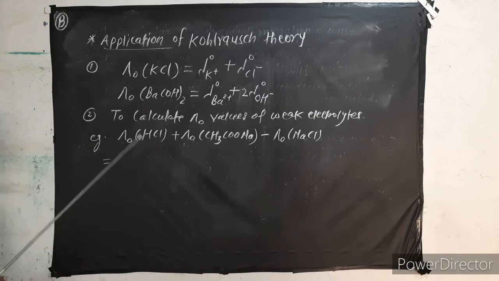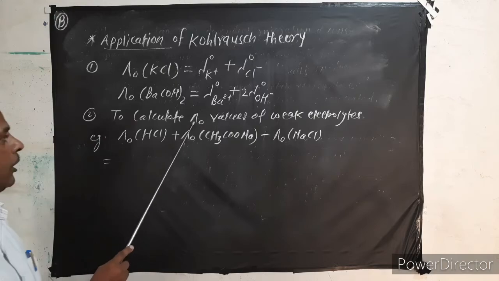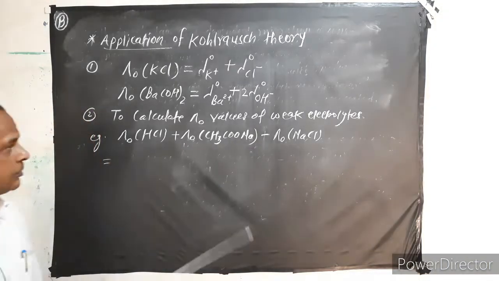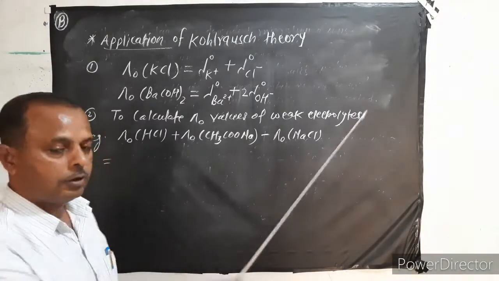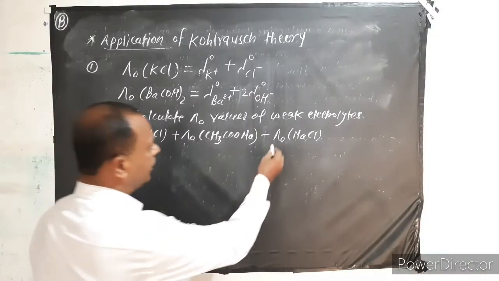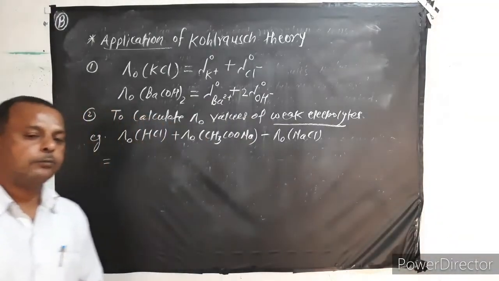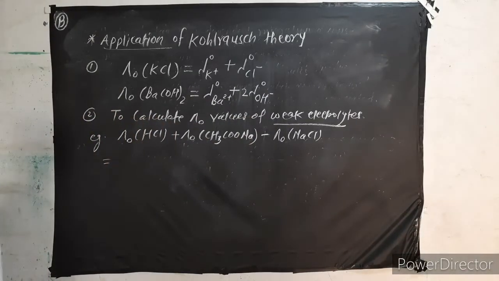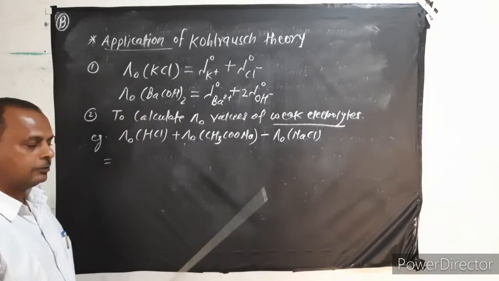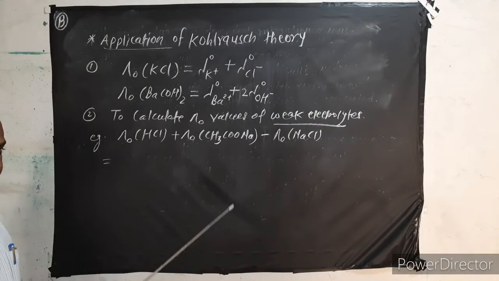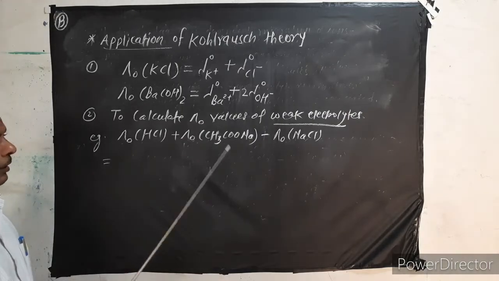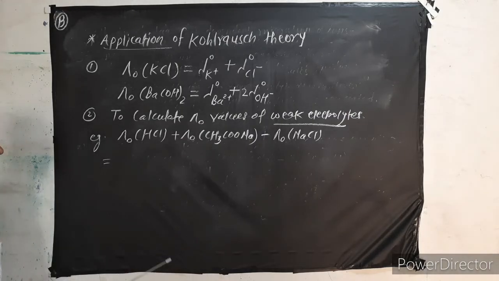The second application is to calculate the molar conductivity at zero concentration especially for weak electrolytes. We cannot calculate the molar conductivity at zero concentration of weak electrolytes by the graphical method, that is extrapolation in a graphical representation.